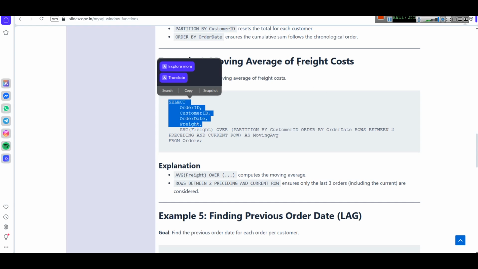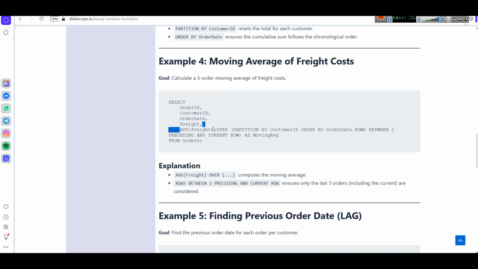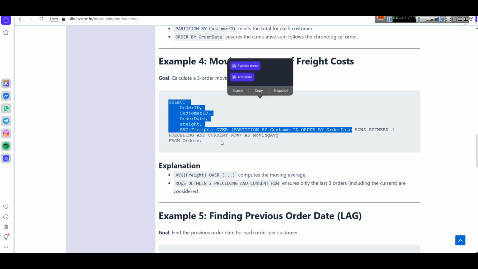For finding out the moving average, you will write average freight over, and then you will write partition by customer ID, order by order date. This much is the same as above, only we have replaced sum with average.